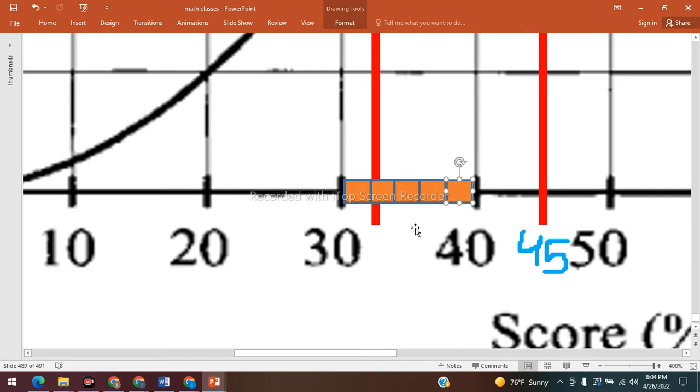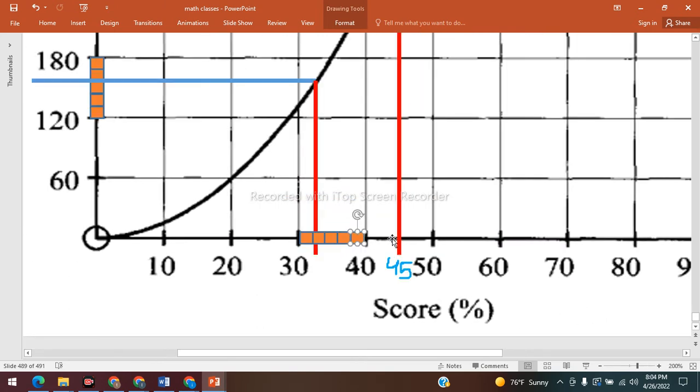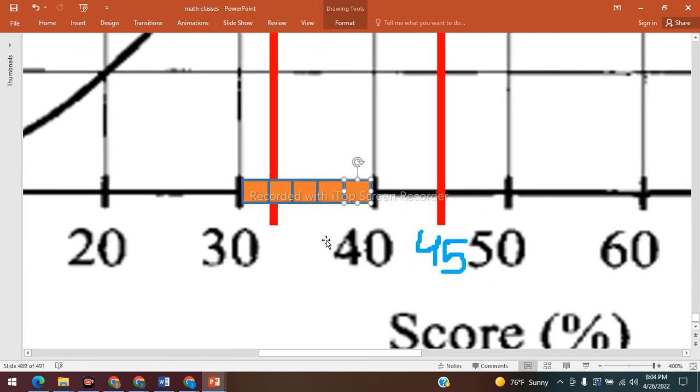Good. So this is 30, 31, this is 32, 33, 34, 35. But then this is 40. So this can't be 31. This is 40. So we section it like that. I think it's 10 blocks.